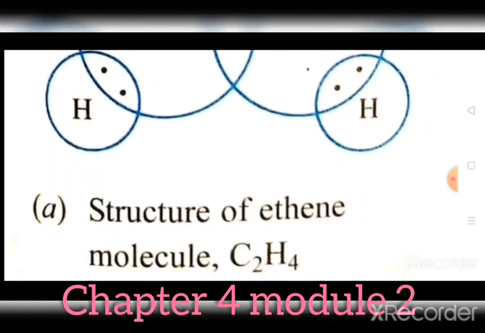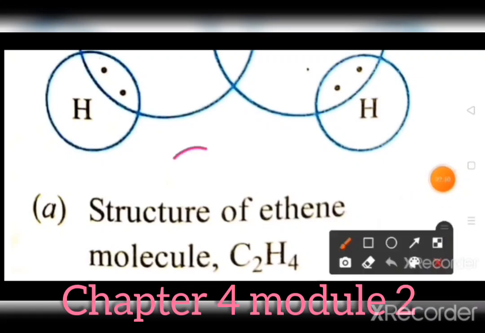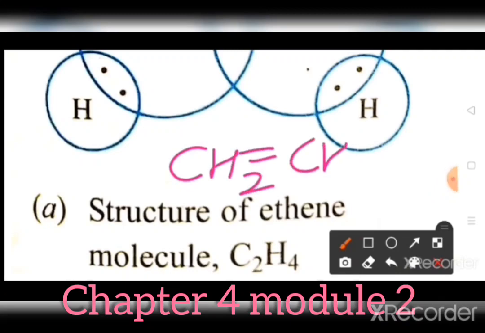Next is the structure of ethene, that is C2H4. Here also 2 carbons are there, with 2 hydrogens on each carbon, whereas the carbon atoms make 2 bonds. First of all, in ethane there were only single bonds. Now here carbon has a double bond with another carbon atom. So the structure will be CH2 double bond CH2.